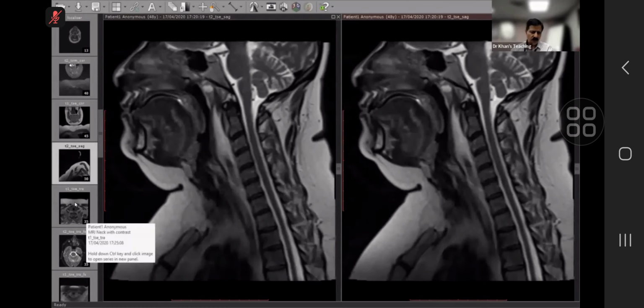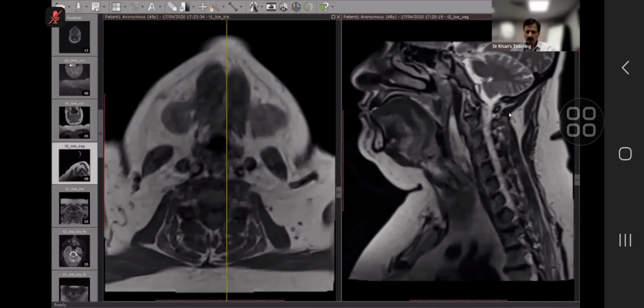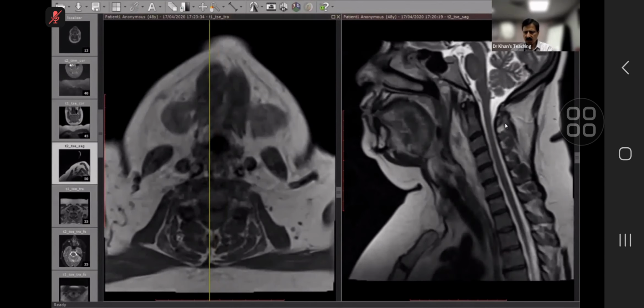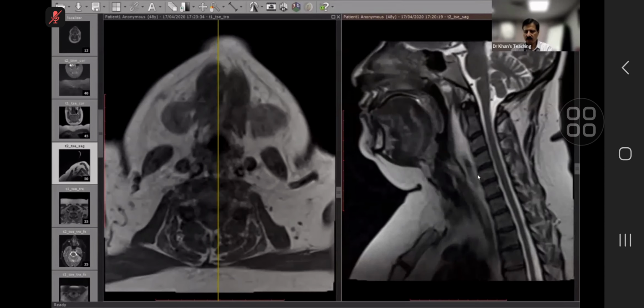Now, first of all, if you go to this sagittal and just look at this, it looks horrendous, isn't it? Tells you the anatomy very well. You can see it touches the base of the skull, and all of this. Candidate 2, you can see my mouse, the sagittal view. Yes. And you can see fluid here. So you will immediately jump, oh my God, is it an abscess there? It will be horrible if it is an abscess.